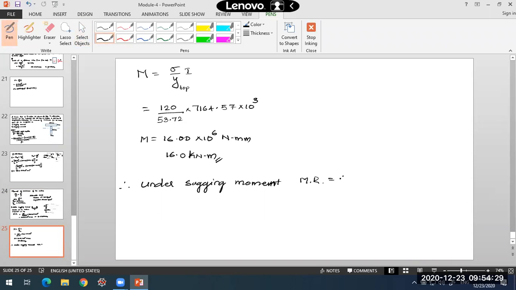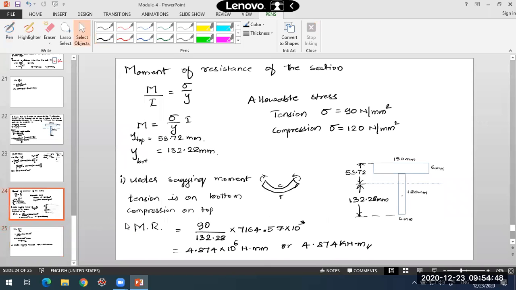Why am I taking the lower value? This is the maximum moment that the section can withstand. I cannot apply a moment of 16 kilonewton meter to that section because it will fail due to the stresses exceeding in tension. When you apply a moment of 16 kilonewton meter, the tensile stresses will go beyond 90 Newton per mm square. So it will fail, it will rupture over there.